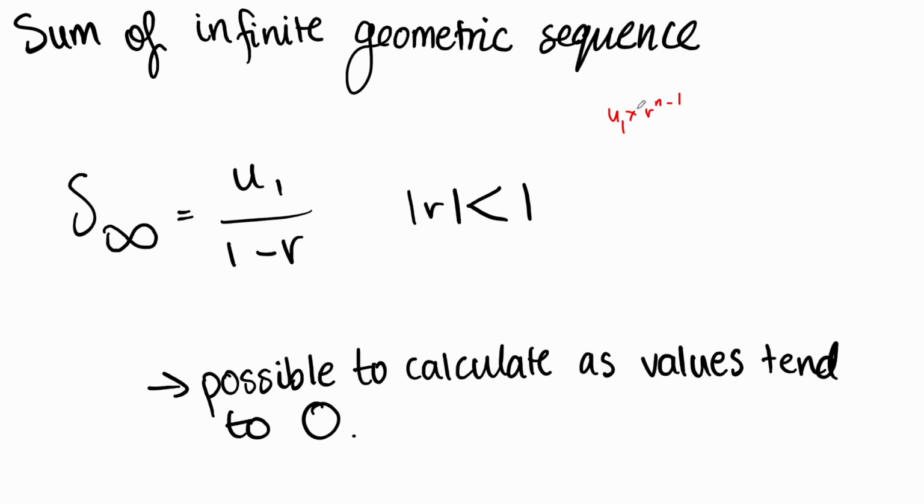And if the ratio is under 1, each subsequent term gets smaller and smaller and smaller, and therefore tends to 0. So you can calculate the sum of an infinite geometric sequence like this.